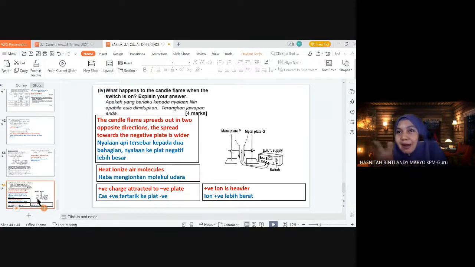Since positive ions are bigger in size, more of them collide with the flame. So more will pull the flame to the negative plate and less will pull the flame to the positive plate. So the movement of the flame represents the movement of the positive and negative charges of the ionized air in between that field.